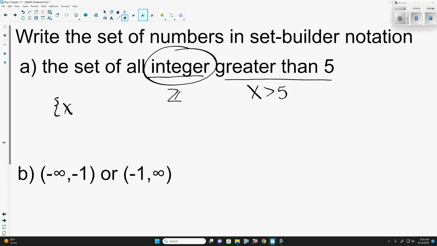This is going to be a new symbol, new in the sense of the context we're using it. You've seen it before. It looks like an E. In mathematics, this symbol means element. x is an element, or x is a part of the what? What are we talking about? Integers.